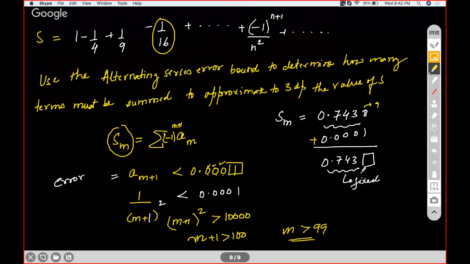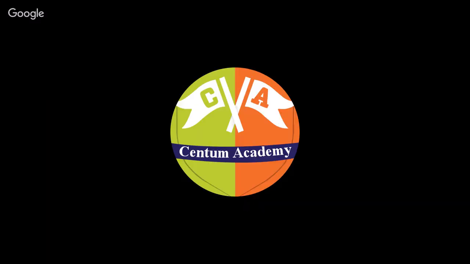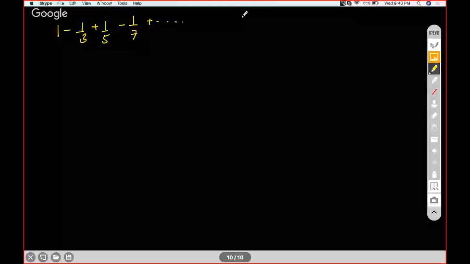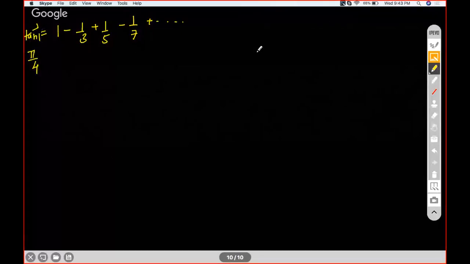Okay. So this is actually a series for tan inverse 1, which is actually pi by 4. So if you go all the way till infinity, this value will approximately come out to be pi by 4.